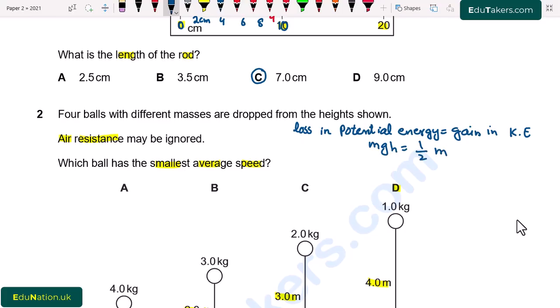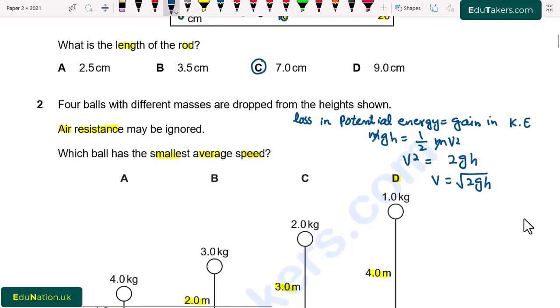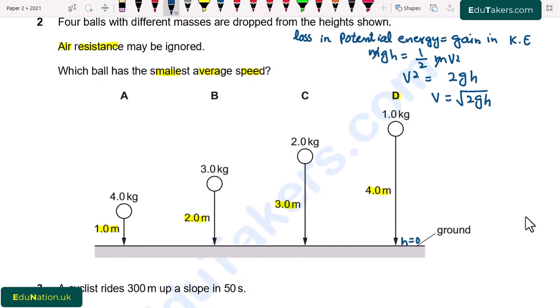Potential energy is mgh, it is equal to half mv square. So this m cancels, and v square will be equal to 2gh, and v will be equal to square root of 2gh. So we use this formula to find out the average speed for all of these balls.